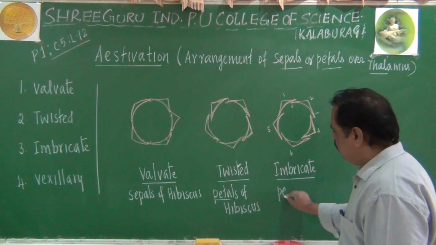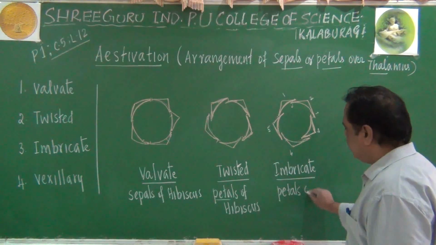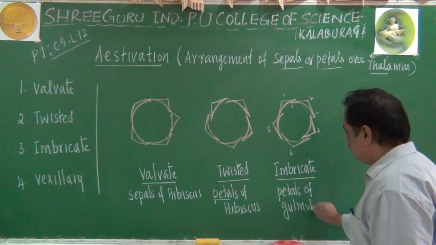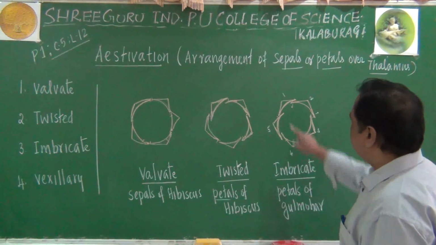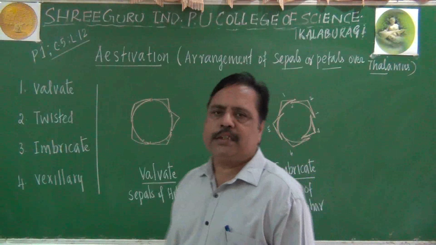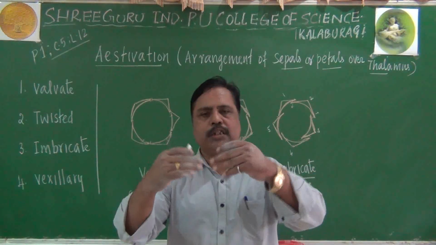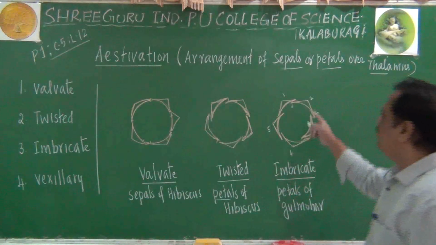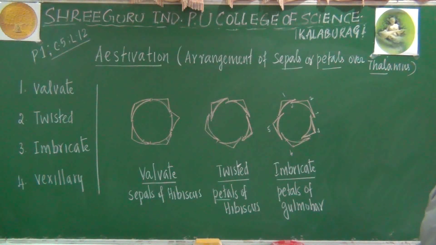Petals of gulmohar, we can see here. Petals of a flower called gulmohar exhibit this type of imbricate aestivation. One margin is completely outside, one margin is completely inside, remaining 3 are in twisted condition.